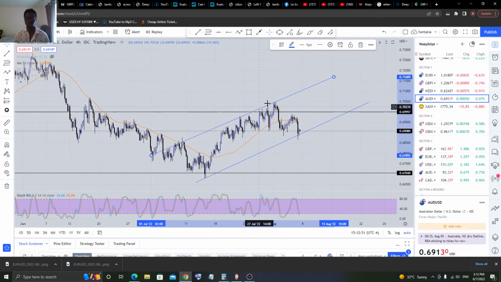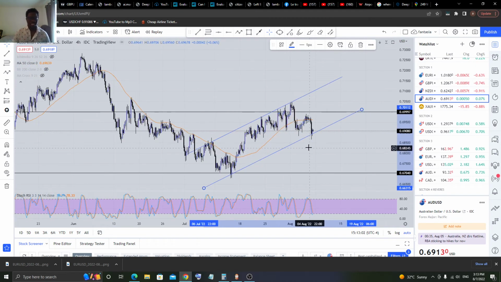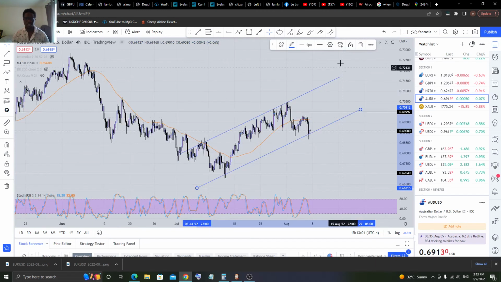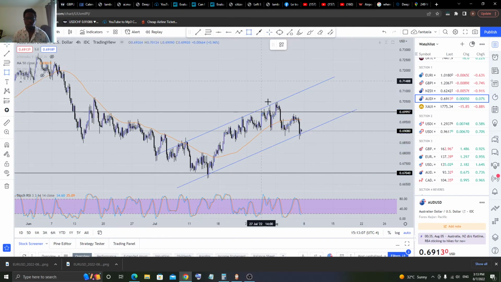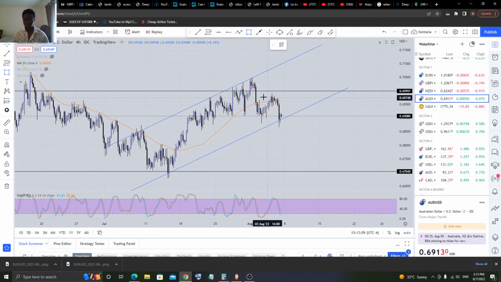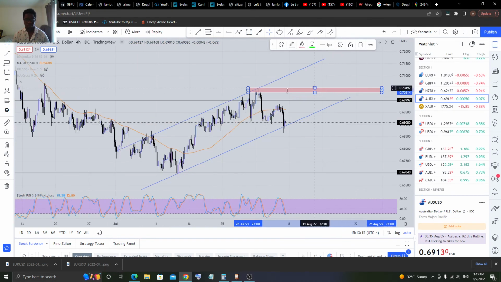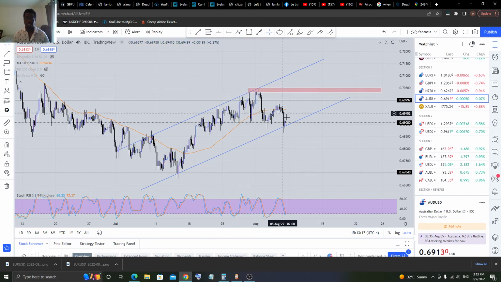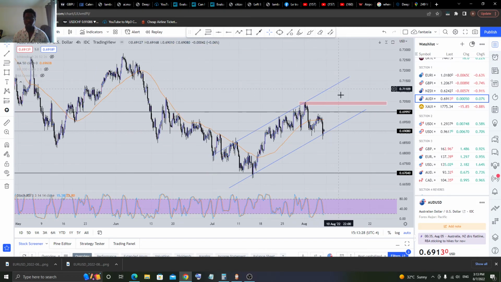Okay, look at how many times we touched it, and let me clone this to come right here. Look at this. What did this teach me? This teaches me that price has two choices. Price is going to come back to test this zone. Okay, price might be coming back to test this zone and then drop from there, or maybe price will break through this and come all the way up to test this trend line before it starts dropping.